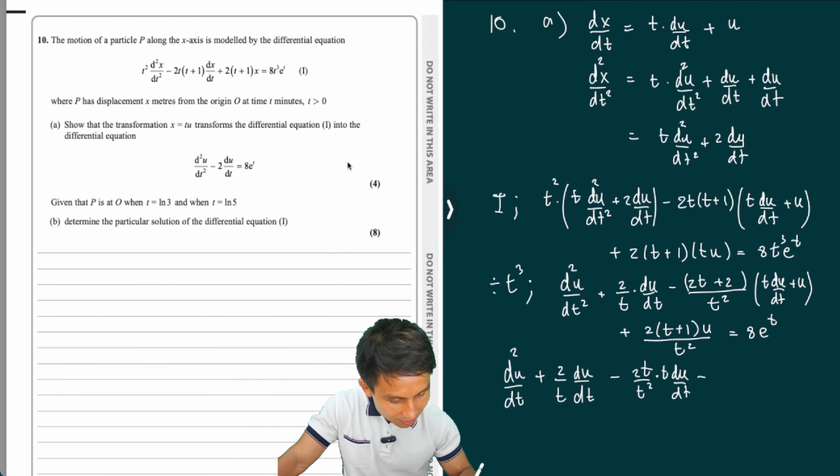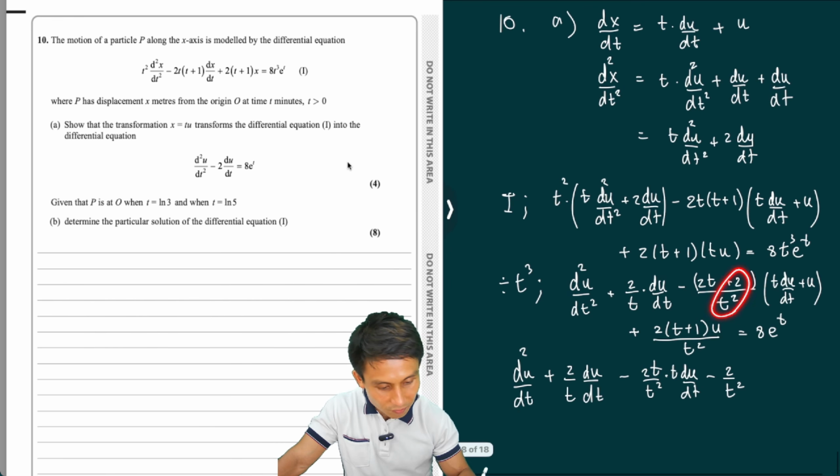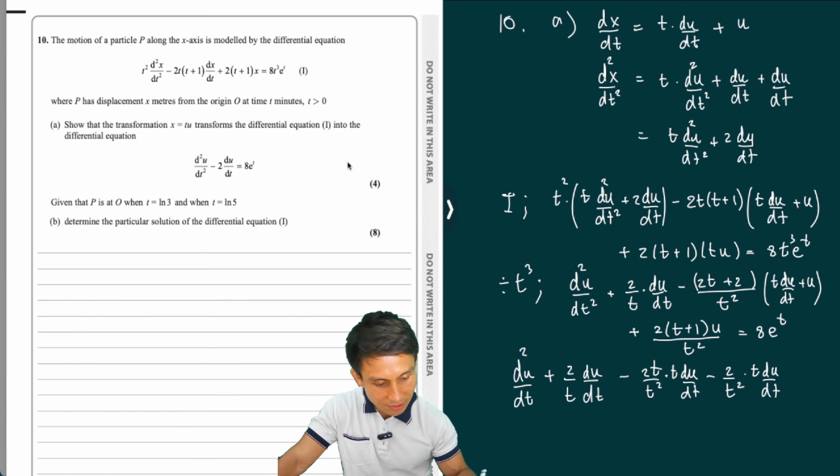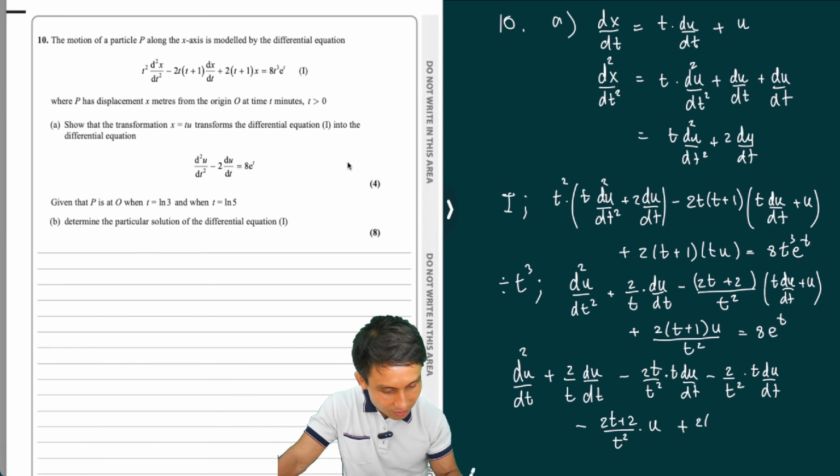And then there's another term minus 2 over t squared, just this partial fraction with a minus sign expanded, times t du by dt as well. I can already simplify here, this another t, oh no, I can't. Okay, just leave it like that. And then the u term will be minus 2t plus 2 over t squared times u. And there's another one here, plus 2t plus 2 times u.